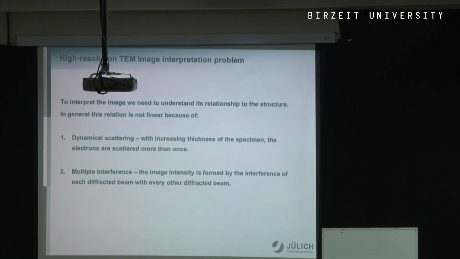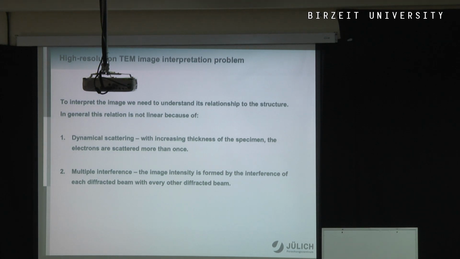In other words, you have multiple scattering, and when you have images which look like atomic resolution images, they are not just projections of the crystal structure. In fact, what happens is they are interference phenomena where you interfere electrons which have been unscattered with electrons which have been scattered to different angles.